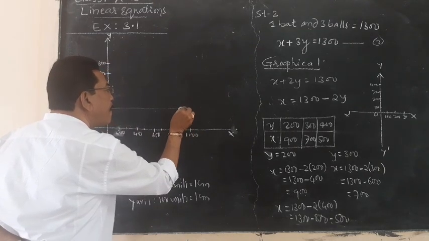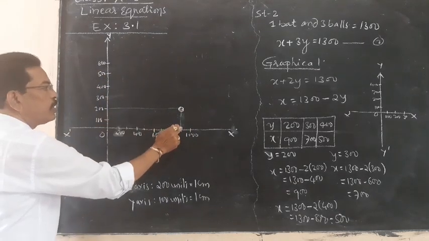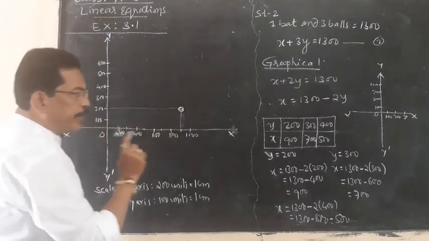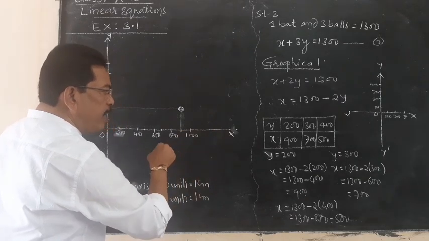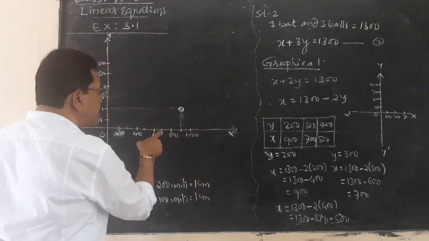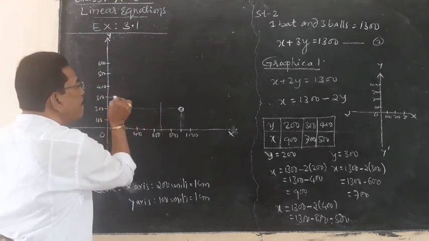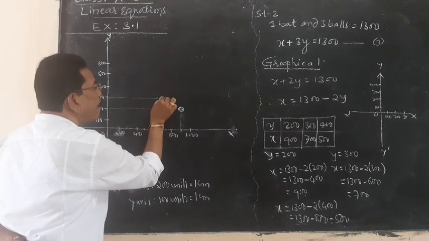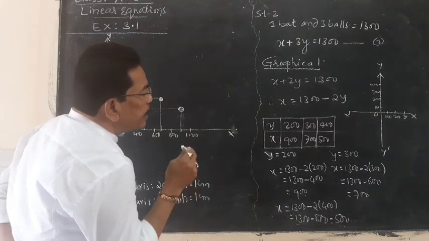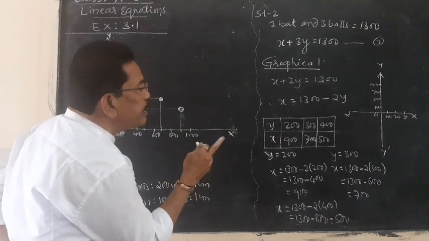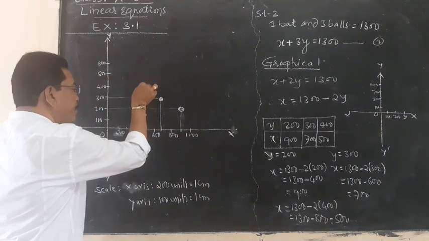Then x equals 700, y equals 300. Then x equals 500, y equals 400.